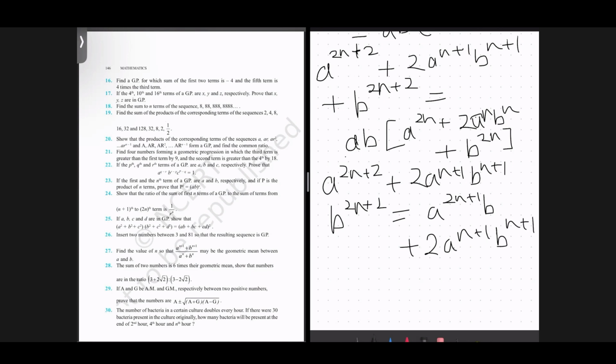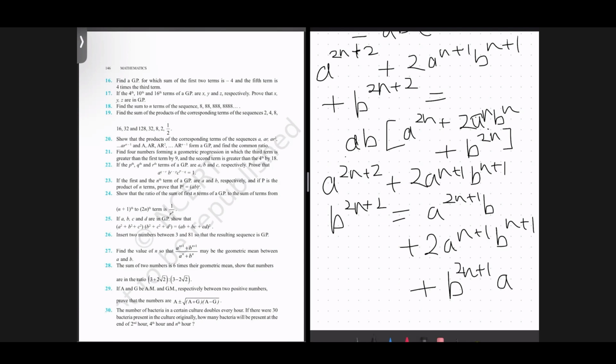So ab multiplied by this term right here becomes this. And finally we get b raised to the power 2n plus 1 a. Correct.